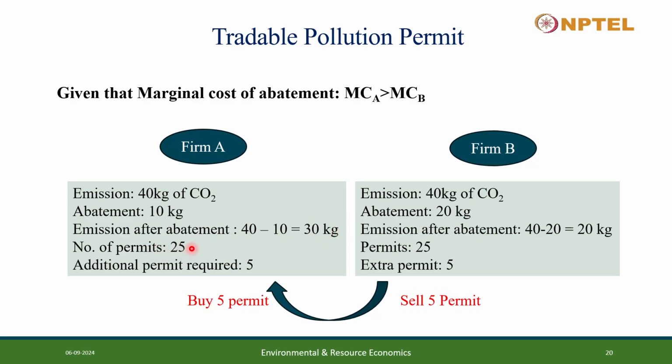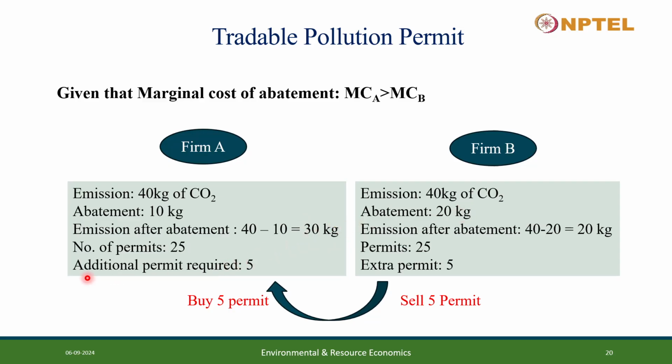However, the permits which firm A has, that is, the standard level of emission which firm A can do, is 25 kg of CO2, that is 25 permits. One permit is equal to 1 kg of CO2. So the firm has 25 permits only. However, firm A is emitting pollution of 30 kg.